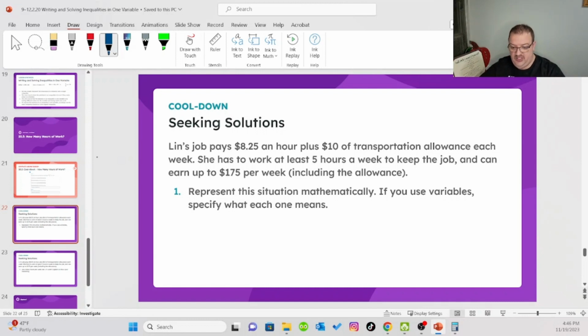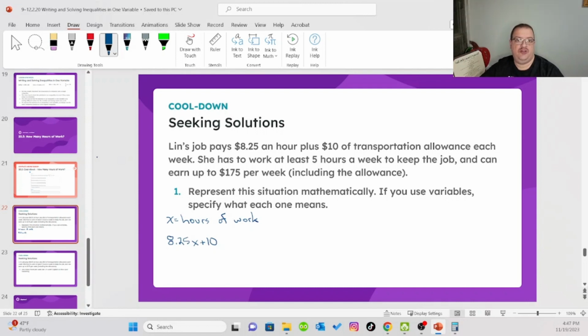So, Lynn's job is $8.25 an hour plus $10 of transportation. I'm going to let X be the hours of work. So that can be $8.25 per hour plus $10 of transportation, and she can earn up to $175 per week, including the allowance.